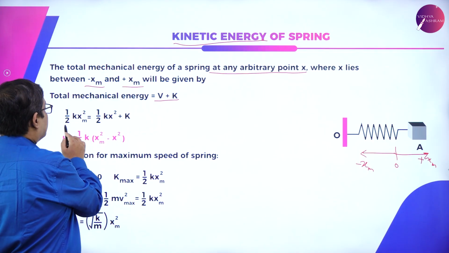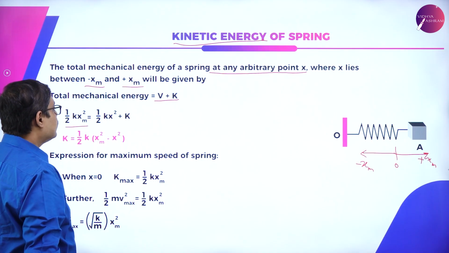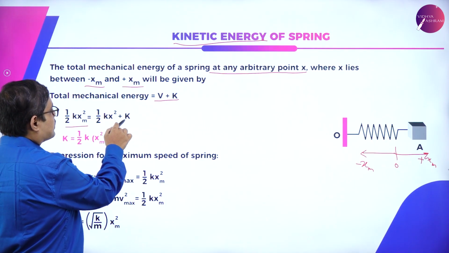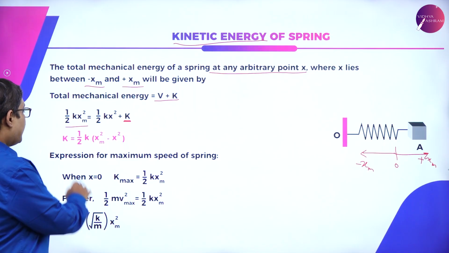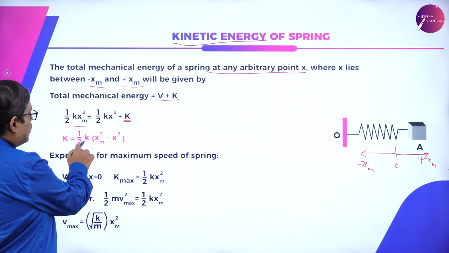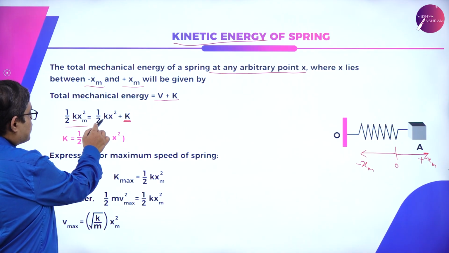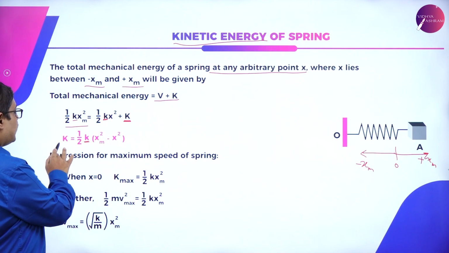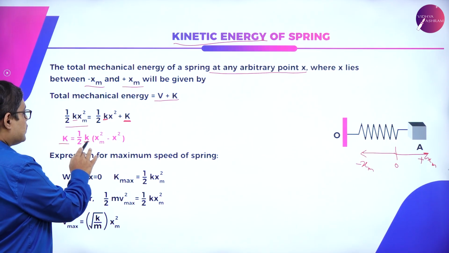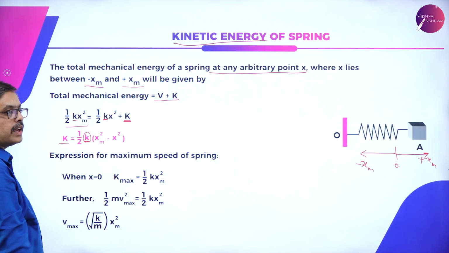Kinetic energy is given by half kxm square, and this is given by half kx square plus K, where K is the kinetic energy. So I have K is equal to half into k, where small k is the spring constant. Please don't get confused between the two. This is kinetic energy, capital K. This small k is the spring constant.